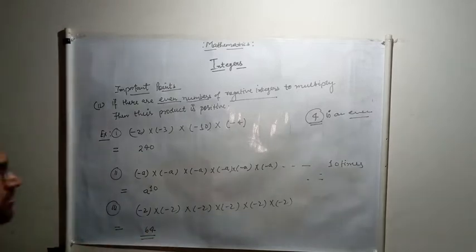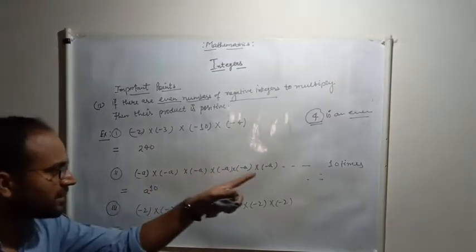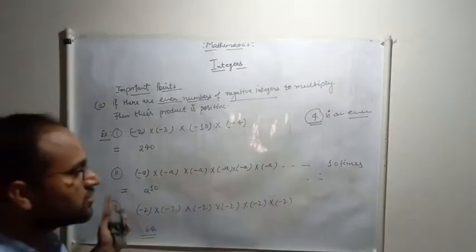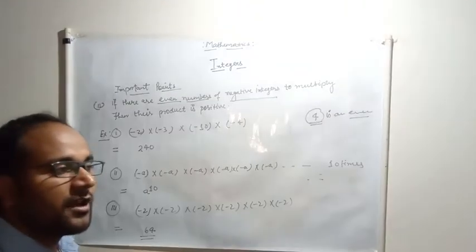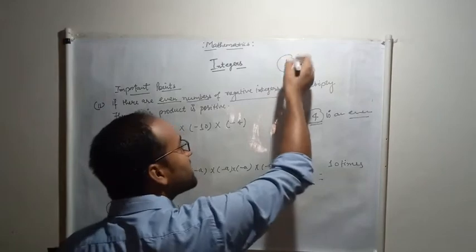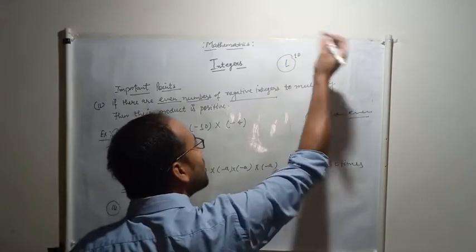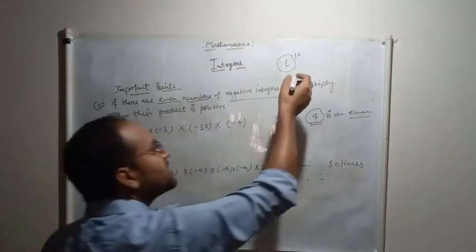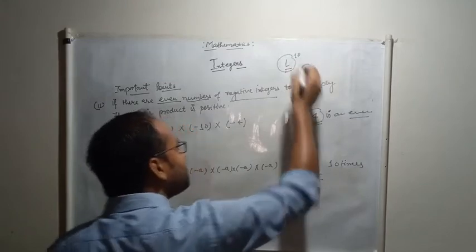What result will you get? Because -1 is multiplied 10 times, and 10 is an even number, you will get 1 to the power 10. Whatever the power is, 10, 12, 30, 100, if 1 is the base, its value is always 1.